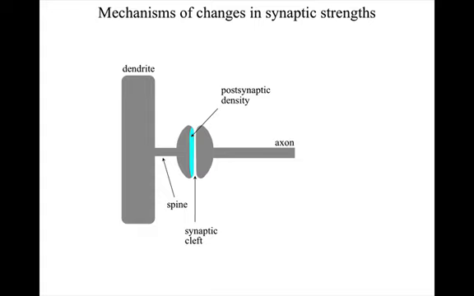On the surface of the postsynaptic part, there's a region that appears darker on stained microscopic views, and it's called the postsynaptic density. And as we'll describe a little later, this postsynaptic density contains chemicals that respond to neurotransmitter released by the presynaptic part.